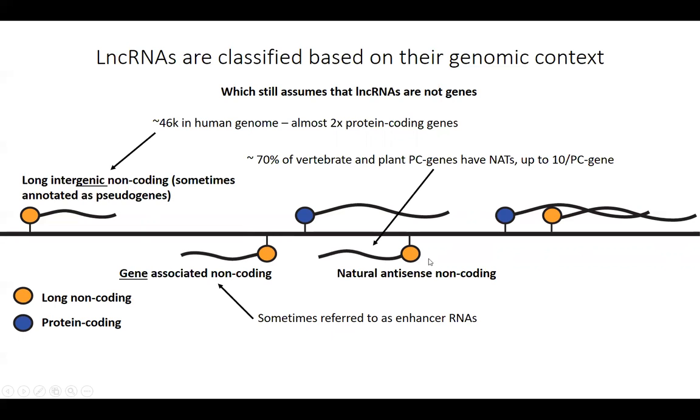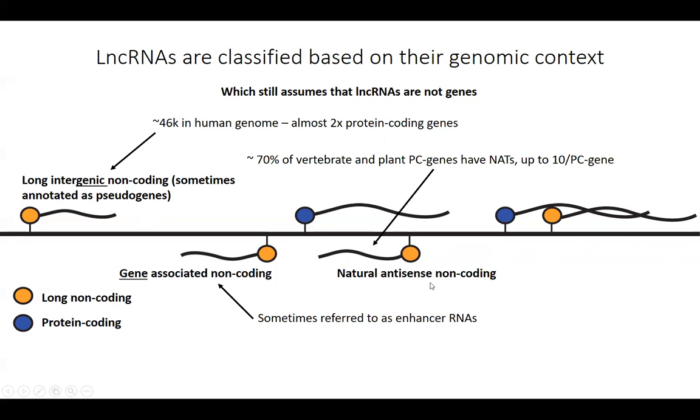You can actually have them as antisense non-coding, which means we would read it from and transcribe it from the opposite strand. Remembering that DNA has 2 strands, we might consider the protein coding gene to get the sense strand in this direction, and then our actual long non-coding RNA would start somewhere within the tail end of the protein coding portion, and it would be transcribed on the opposite strand in the opposite direction.